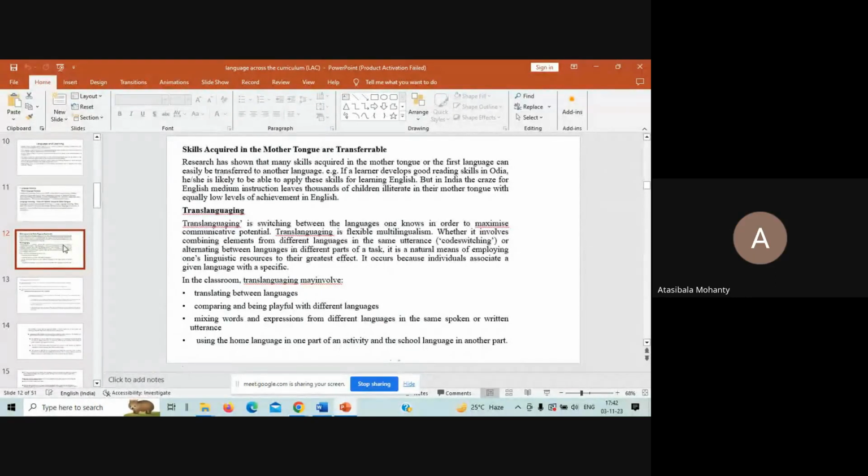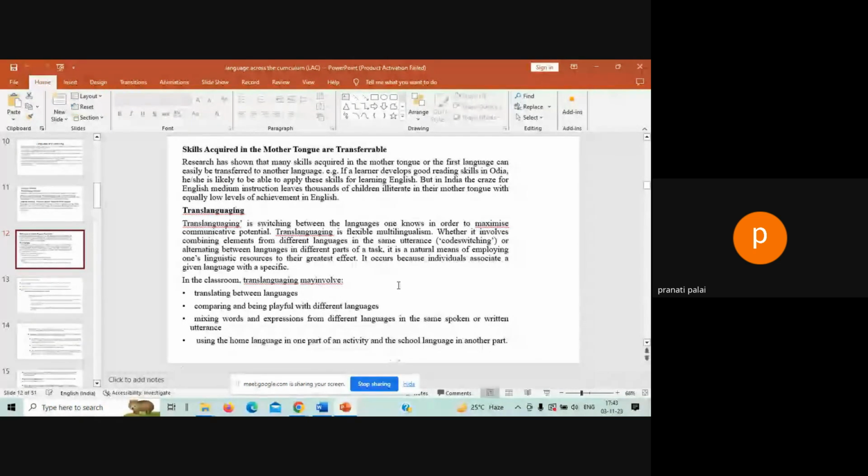Ma'am, grammar translation method, obviously. Very good, grammar translation. That method is used most of the time. Our English teacher first of all reads aloud the English text or paragraph, then translates this language into Odia. So this situation happens, translating between languages.